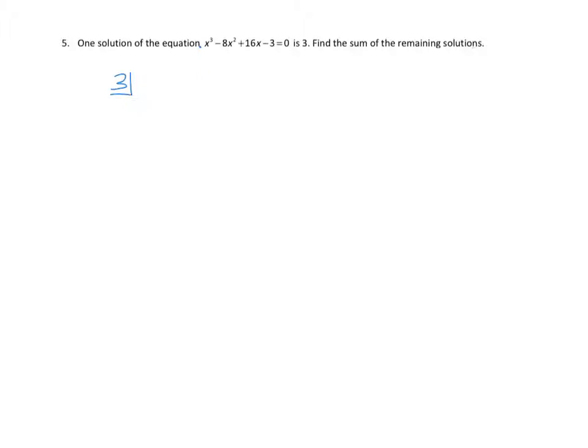So we put 3 and then list the coefficients: 1, negative 8, 16, negative 3. Bring down the 1, multiply the 3 times the 1, and we get 3. Add negative 8 plus 3, we get negative 5.